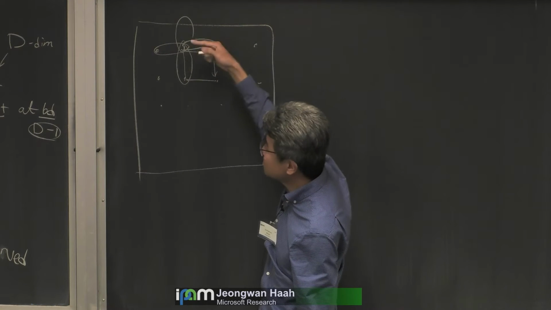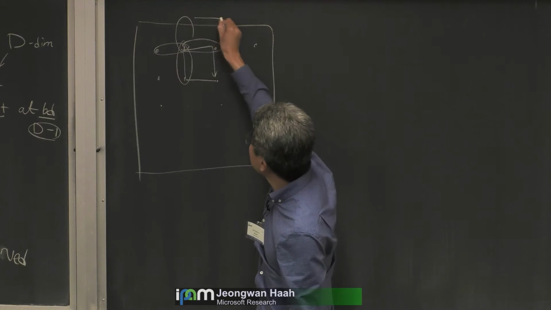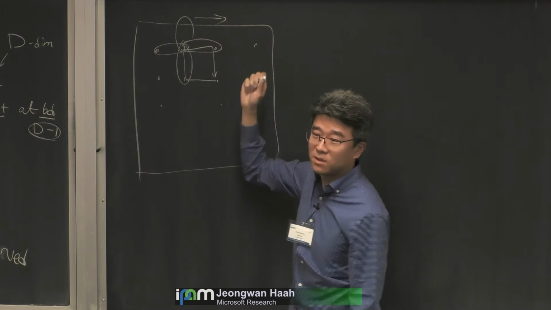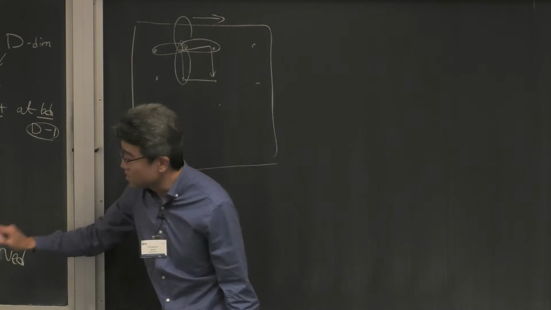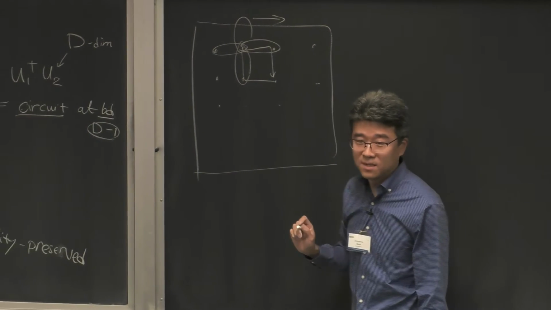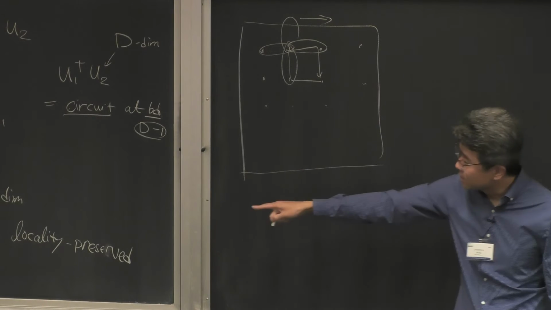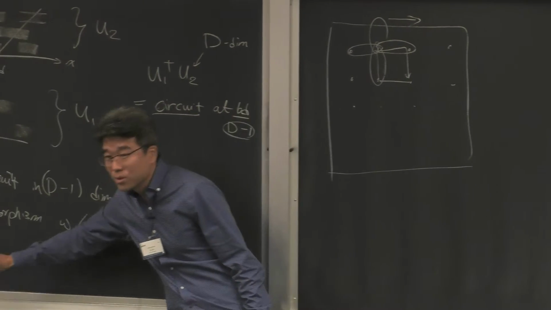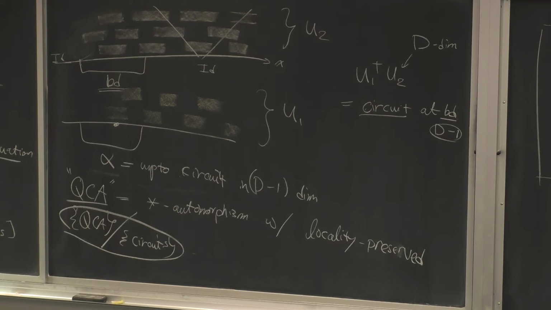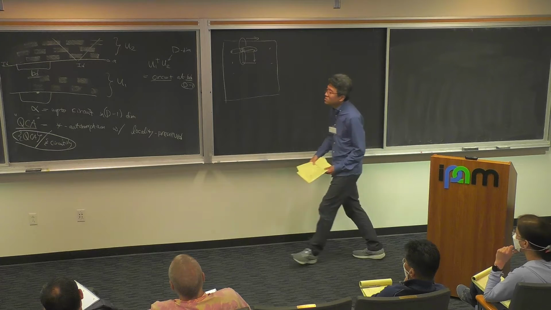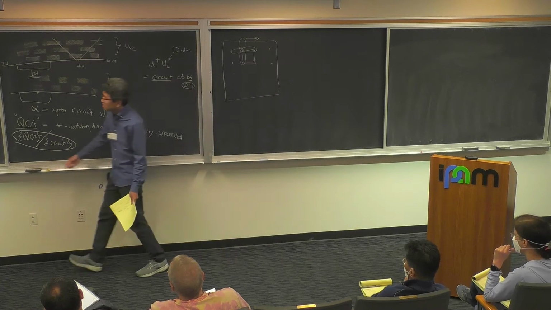But at the boundary, since you are dropping something, you induce a certain flow due to that translation. And this flow is not a quantum circuit at that dimension. So this is a representative in this quotient group.